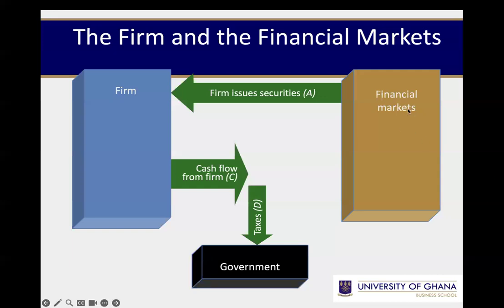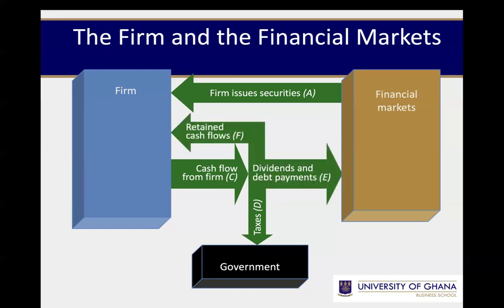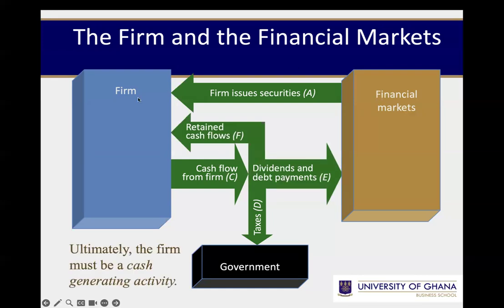With those funds, the firm will invest in assets. And with the firm investing in assets based on the funds it has raised, it is able to generate cash flows and pay relevant entities.